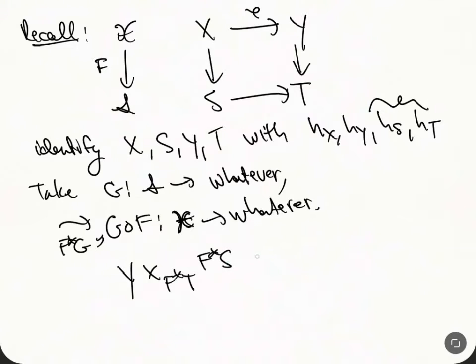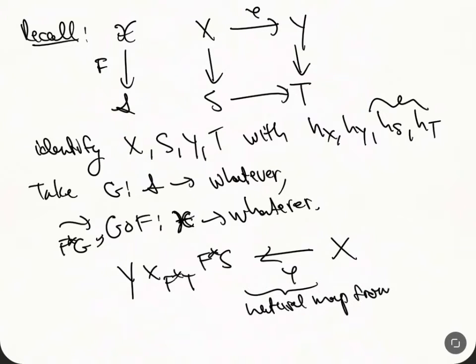Okay, and from this we'll get a natural map from here. So this is the natural map induced by, so this is a natural map from phi. Maybe we shouldn't call this phi, maybe I'll call this phi tilde.